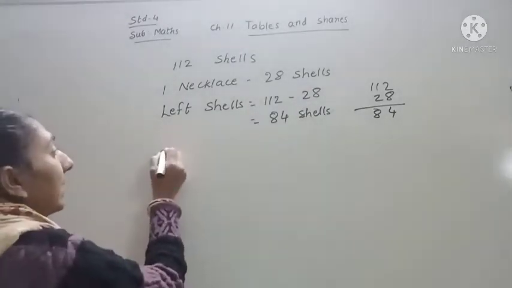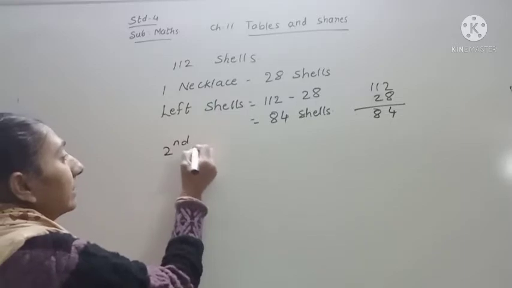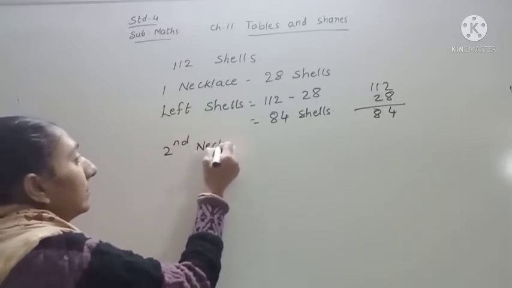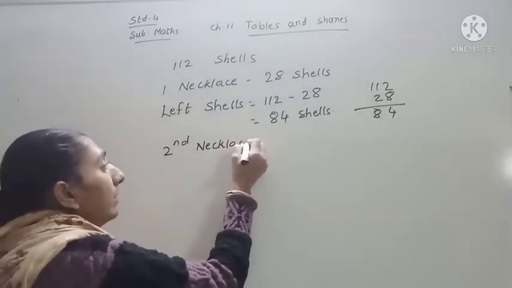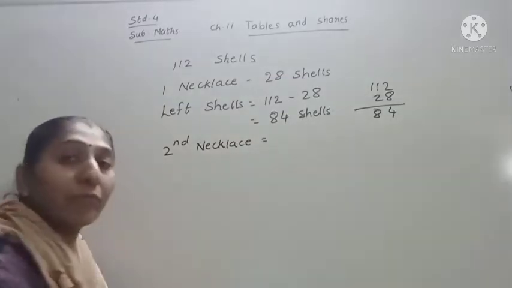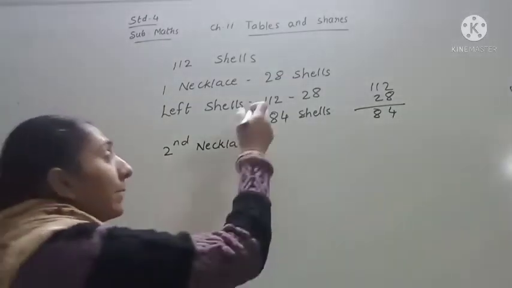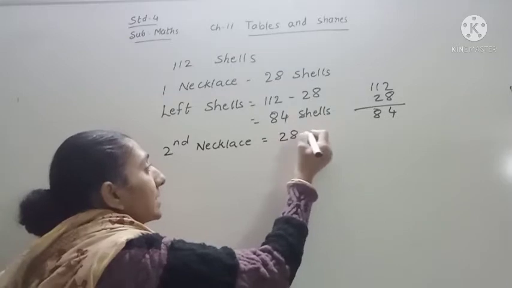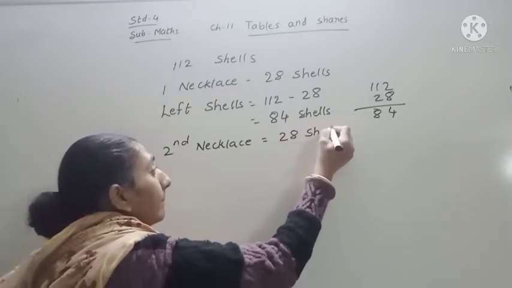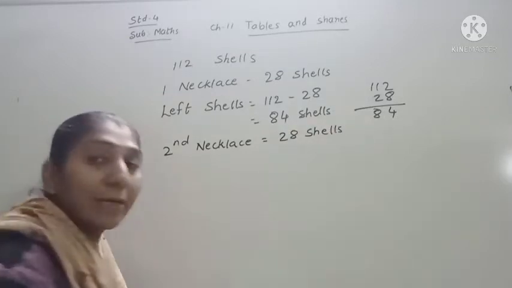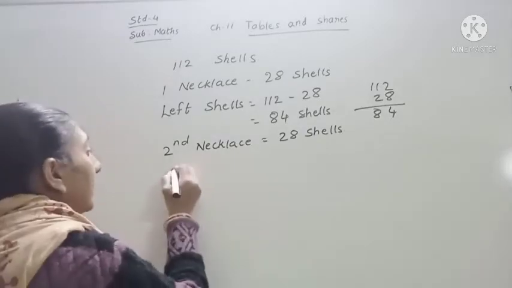Now he made a second necklace. Again putting 28 shells. So now how many shells are left with him?